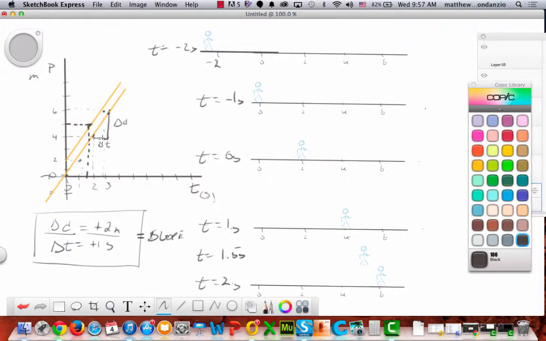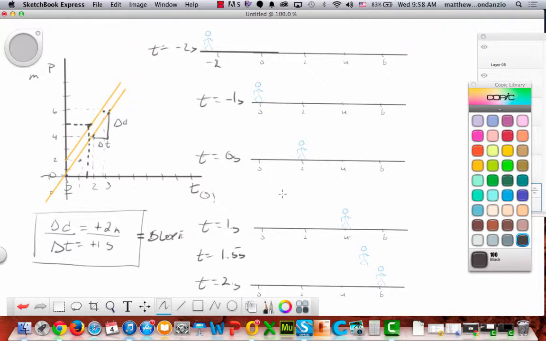Do you guys see that? And I made a jump, and I apologize because I put a couple things in a row here. But at 1.5, he's at 5 because 1.5 times 2 is what? 3. But he started at time 0. He started at 2. So 3 plus 2 would be 5. Did that confuse you guys?